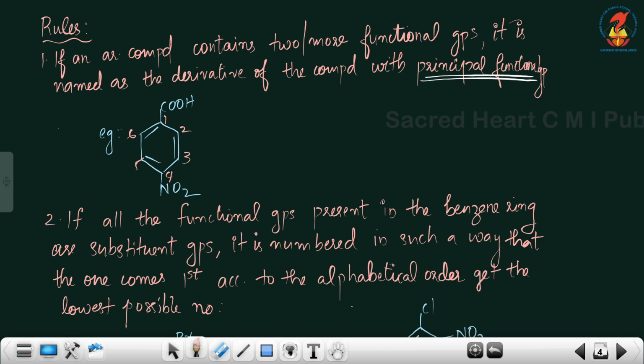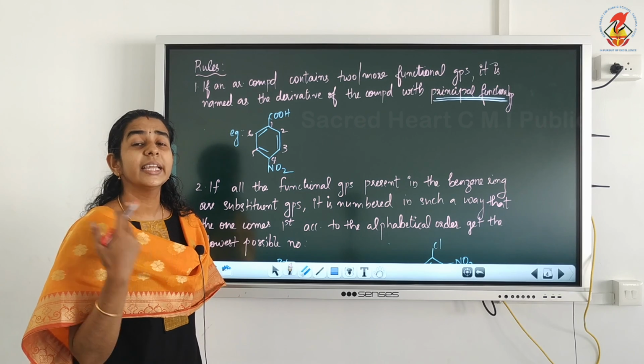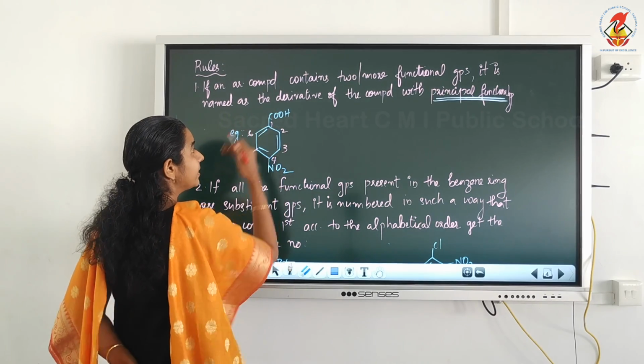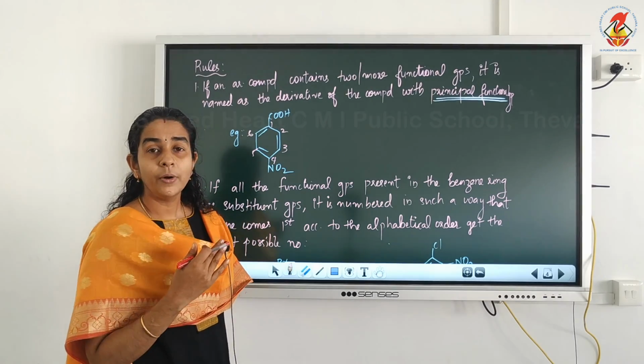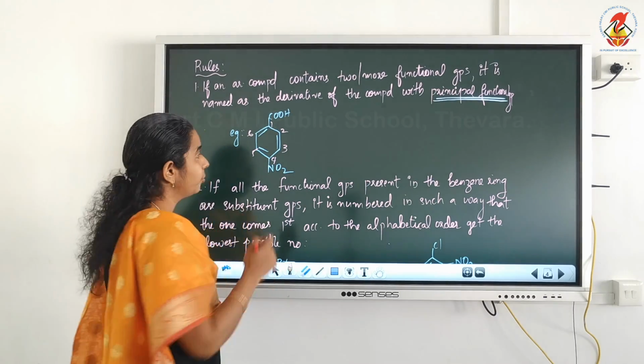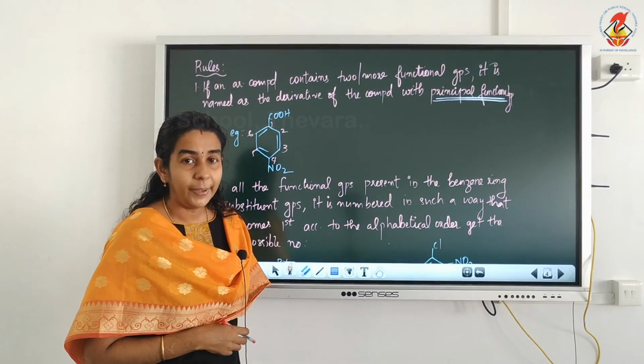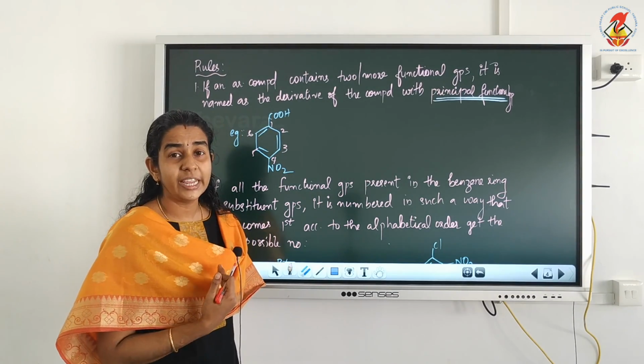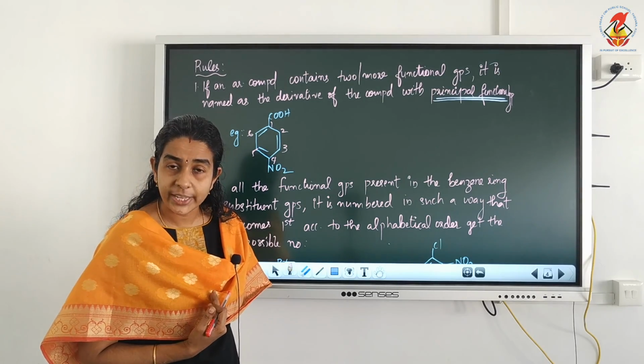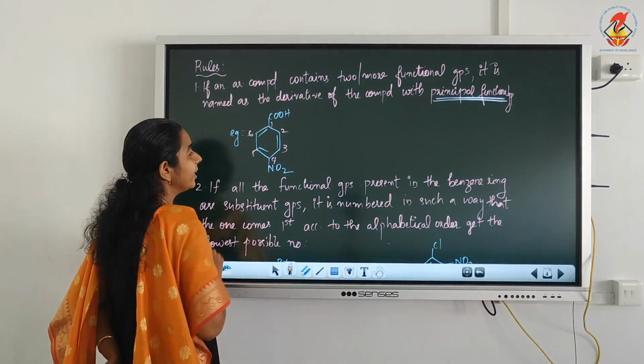So this compound, how should we name it as a derivative of the compound with the principal functional group? So here the benzene ring containing COOH, we have to take it as the parent. So this is actually a derivative of benzoic acid. So how we can name this compound?